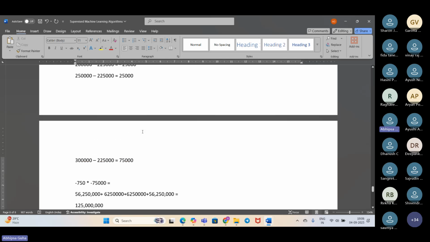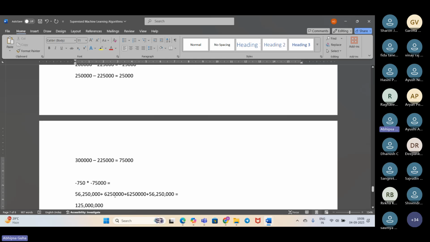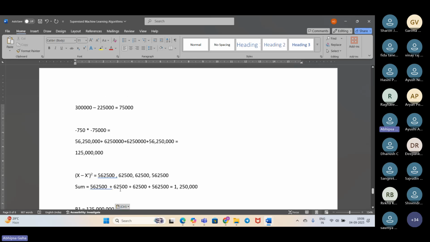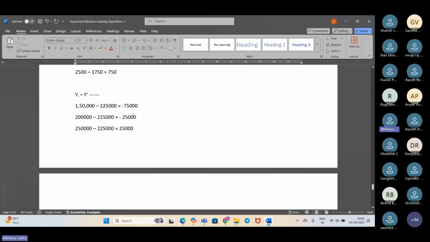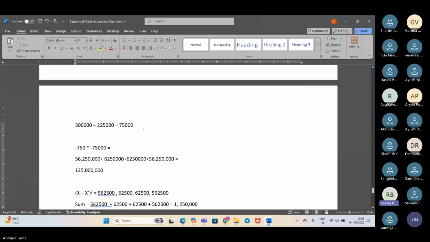You add this value to 25,000 into 25,000. So 25 into 25 gives 625, and there are how many zeros? Three zeros. Sorry, just a minute. I guess a zero is missing.